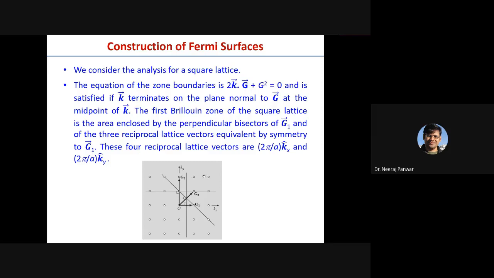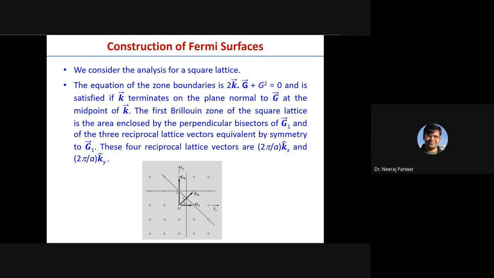We consider this square lattice in which these open circles represent the reciprocal lattice points, and the Bragg reflection condition in the reciprocal lattice is 2k·G + G² = 0. This condition is satisfied if k terminates on the plane normal to G at the midpoint of G, that is, at the zone boundary.